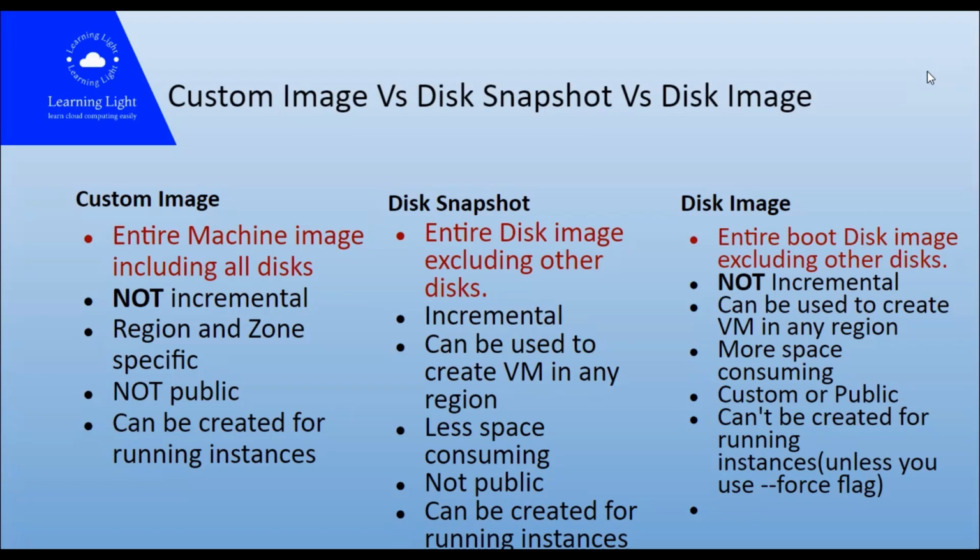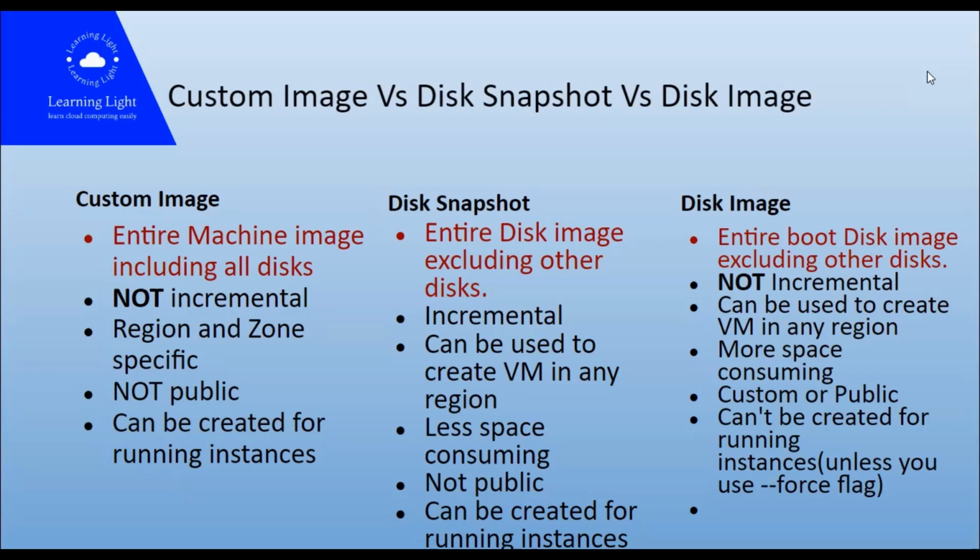Now, this can be incremental, and whenever you are going to clone the VM instance, you generally take the snapshot of the boot disk of that VM instance. Now, it depends upon you. You can really take the non-boot disks as well if you have data in that disk and that is valuable for that instance.